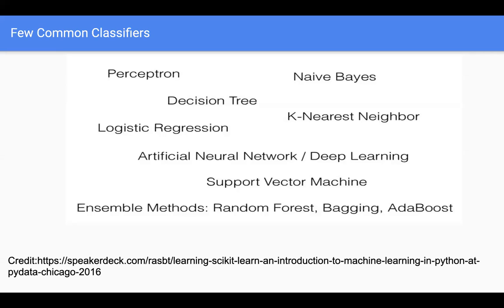Then we have artificial neural network, support vector machine, and k-nearest neighbor. We also have something called ensemble methods. In this category of methods, we have random forest, bagging, and AdaBoost.